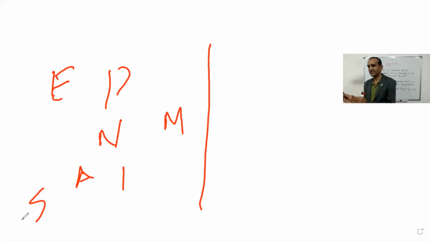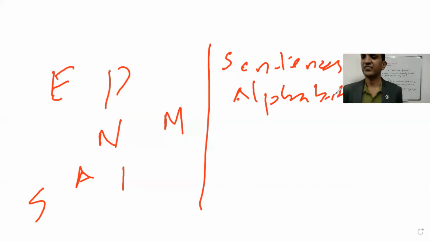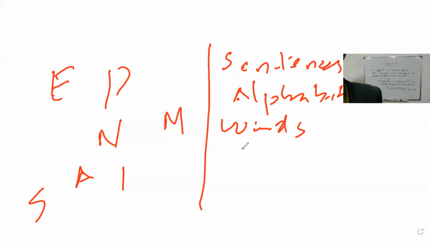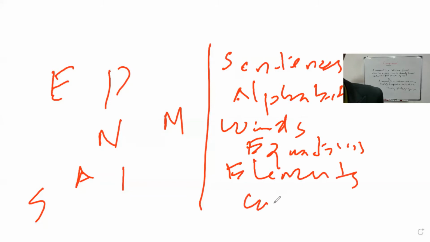And the right side students, they will be given 6 words: sentences, alphabets, words, equations, elements, compounds.